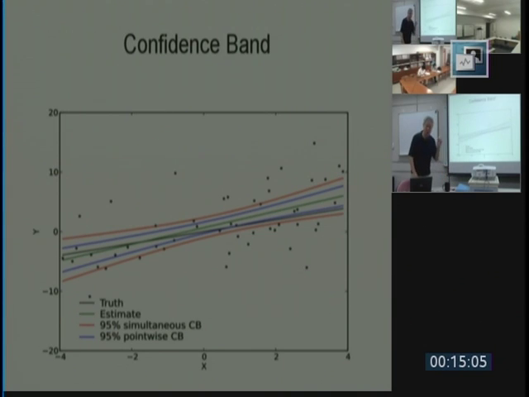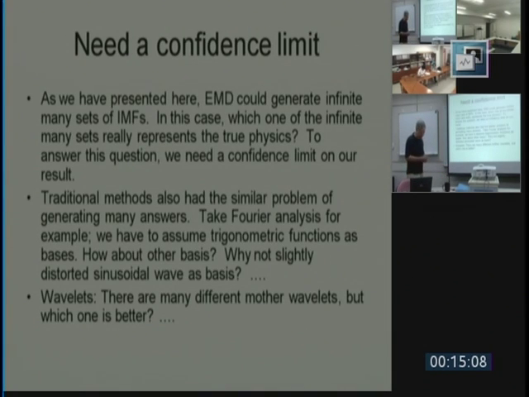That's why we want to do that. The reason is that, as we have already presented here, the EMD, the empirical mode decomposition, can generate infinitely many sets of data. Now, which set is good? We don't know, right? One of the infinitely many sets really represents the true physics.